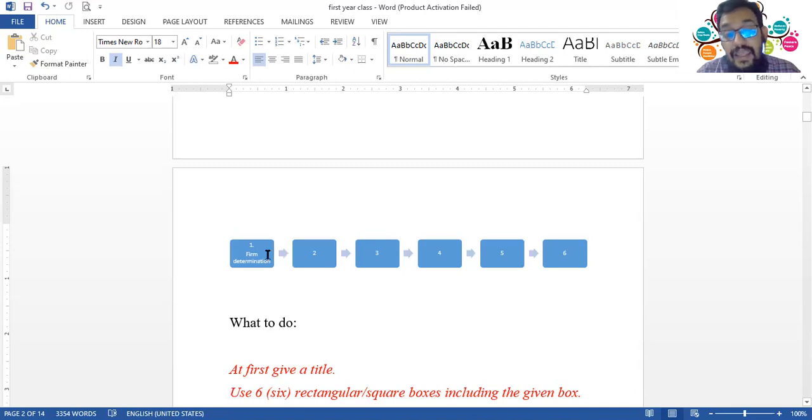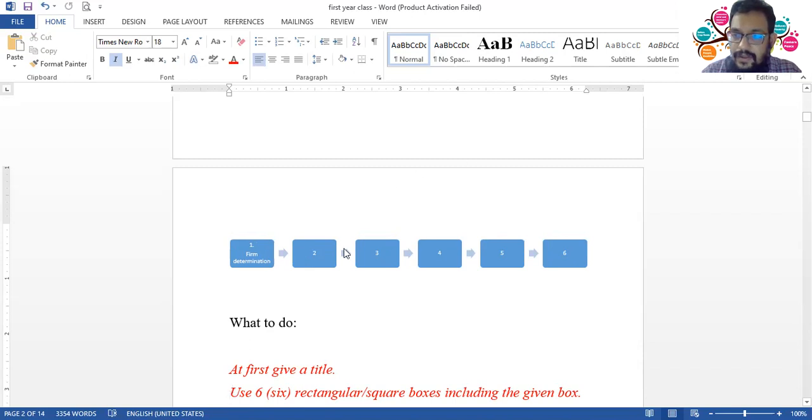Then another important thing is that between the boxes there is an arrow mark. So whenever you write the flowchart answer, you have to draw these 6 boxes, and you have to give the numbers in the boxes and the arrow marks. These are a must.